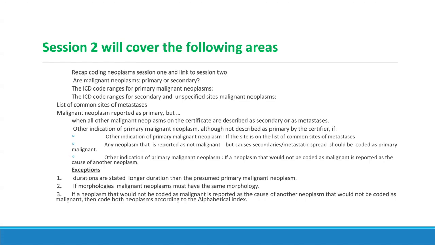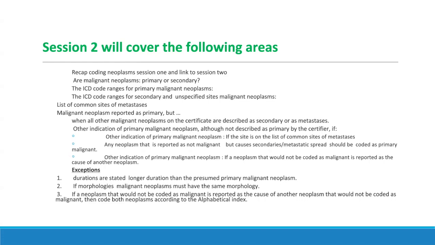Additionally, we'll highlight indications of primary malignant neoplasms, such as when the site is on the list of common metastatic sites, or when a neoplasm, not typically coded as malignant, causes secondary spread.